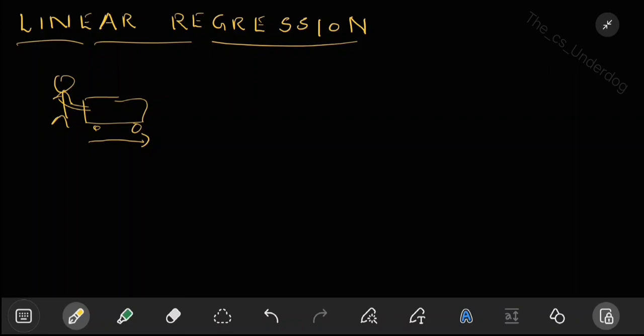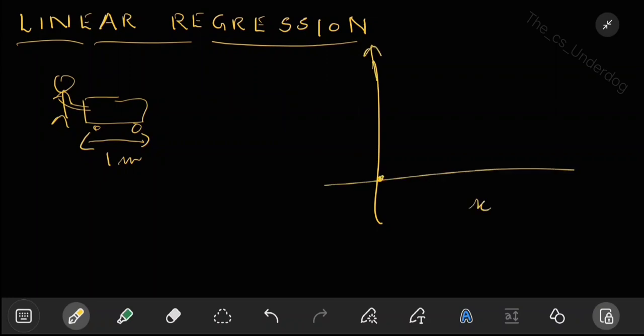Let's say this trolley is 1 meter long. So when you are at origin, I'll depict this in a graph. When you are at origin, this is you in x axis and trolley is in y axis. When you are at 0, trolley is already at 1, right? When you are at point 1, trolley would have reached 2.